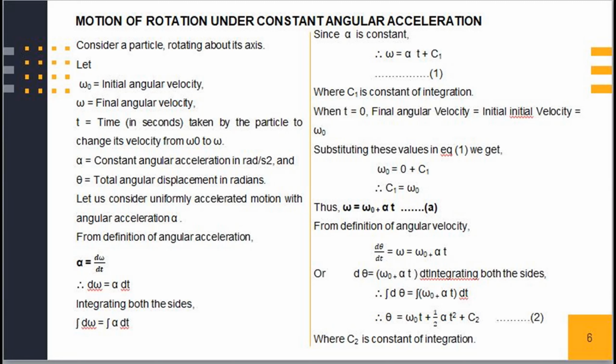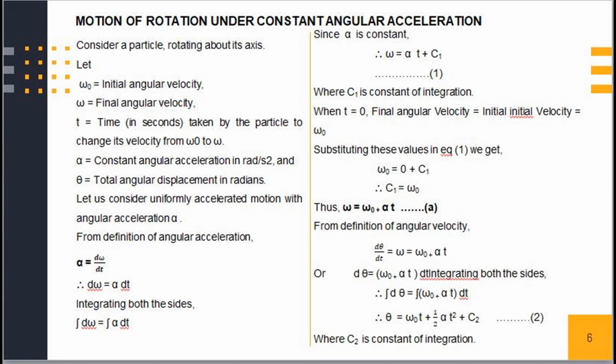We call this equation number 1, where c1 is the constant of integration. When t is equal to 0, the angular velocity is the initial angular velocity, omega naught. Substituting these values in equation 1, we get omega naught is equal to 0 plus c1. Therefore c1 is equal to omega naught. Thus we get omega is equal to omega naught plus alpha t.